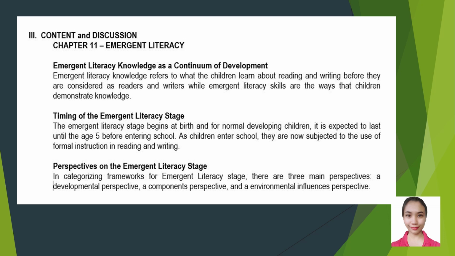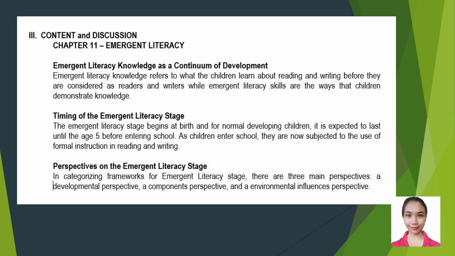Next is the timing of the emergent literacy stage. The emergent literacy stage begins at birth, and for normally developing children, it is expected to last until age 5, before entering school. As children enter school, they are now subjected to the use of formal instruction in reading and writing.